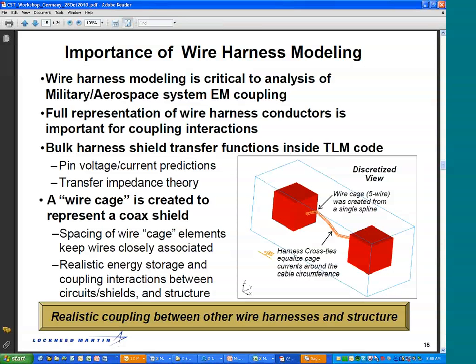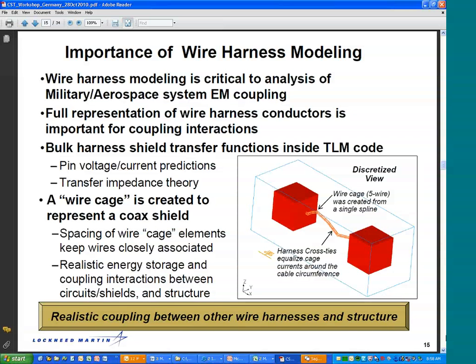And the one thing to remember, and the way that the CST tools can address this, is to not only consider the wire harness as a victim, where it's soaking up energy that affects the wires. Especially with lightning, you have relatively high conductivity in the shields of those bundles, and that low frequency energy of lightning will be attracted to those shields.